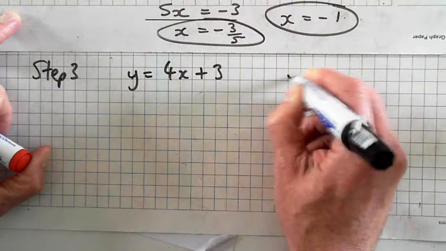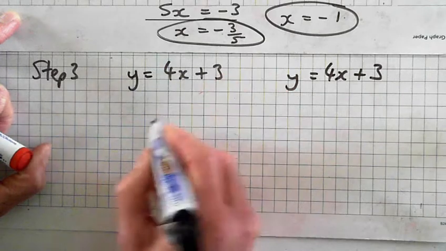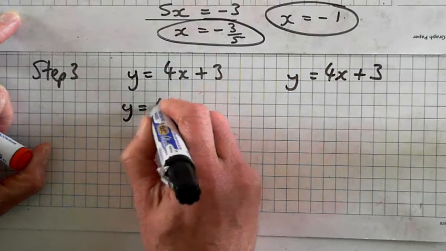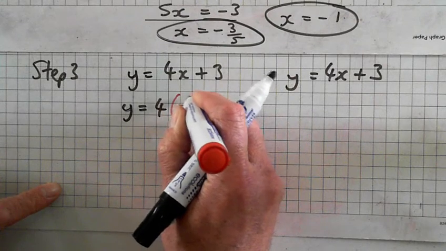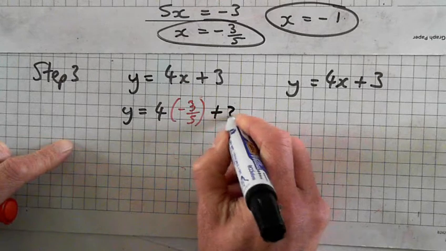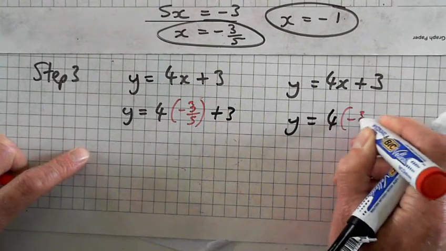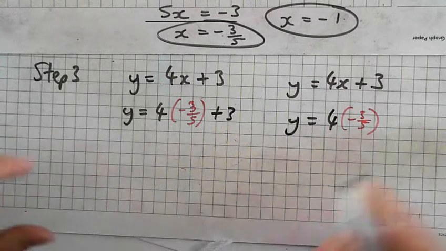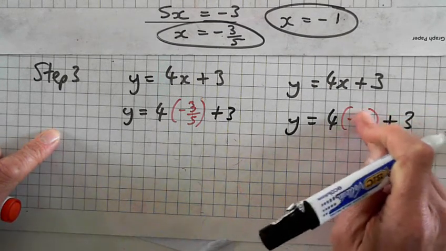Y is equal to 4x plus 3, and replace x with minus 3 over 5. And this one is minus 1.